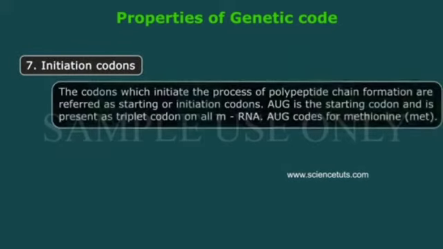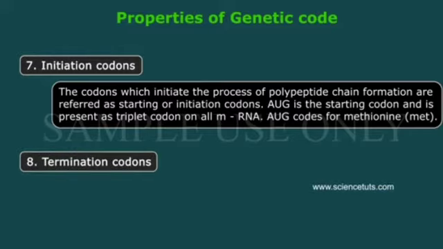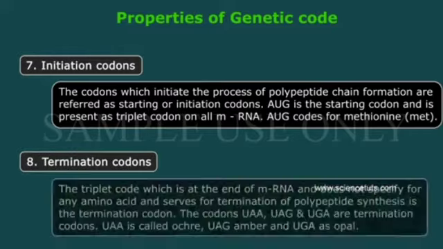7. Initiation codons. The codons which initiate the process of polypeptide chain formation are referred to as starting or initiation codons. AUG is a starting codon and is present as a triplet codon on all mRNA. AUG codes for methionine, MET. 8. Termination codons.